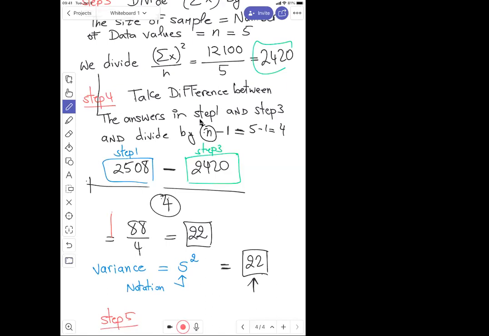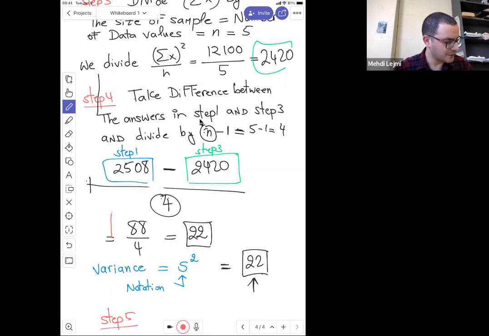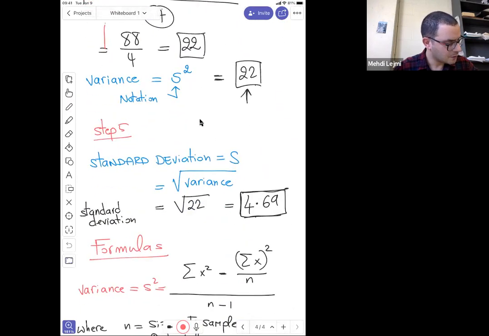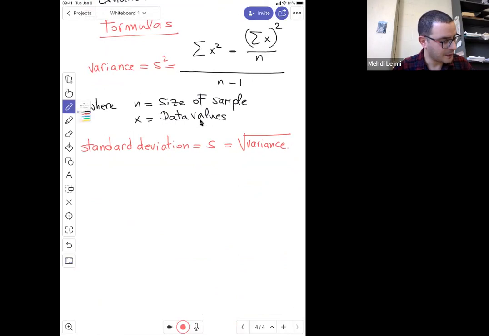All right, guys. So let's do an example exercise here. At the same time, I'm going to show you how to use the standard deviation to compare data sets.